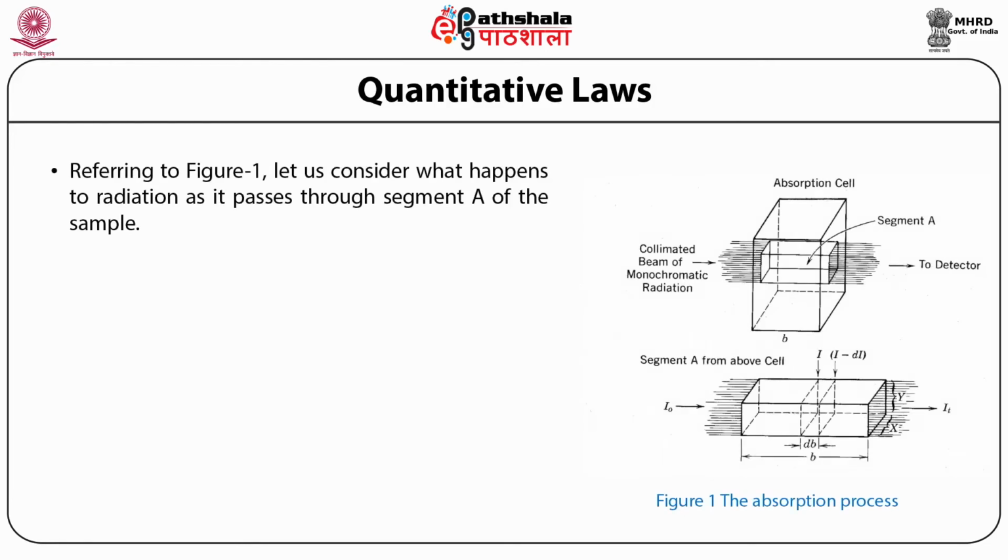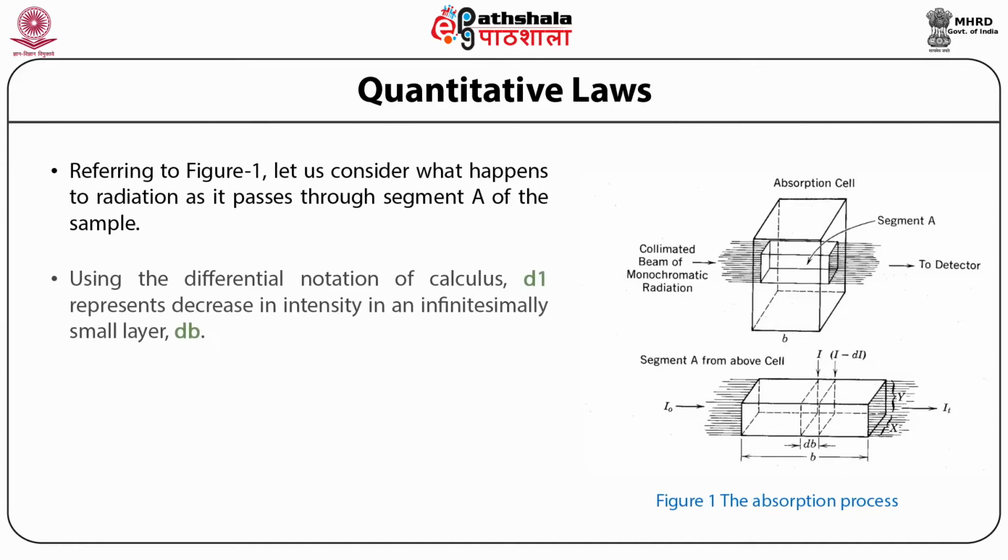Let us consider what happens to the radiation as it passes through segment A of the sample, using the notations of calculus. dI represents the decrease in intensity in an infinitesimally small layer db, that is, the amount of radiation absorbed in this layer. You can very well see this in figure 1.